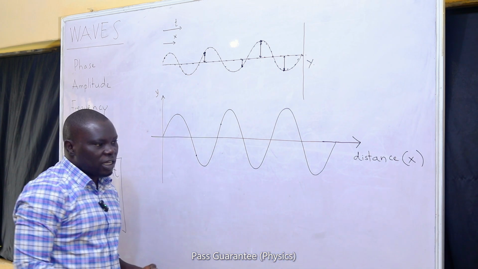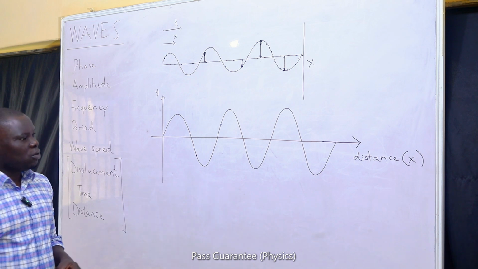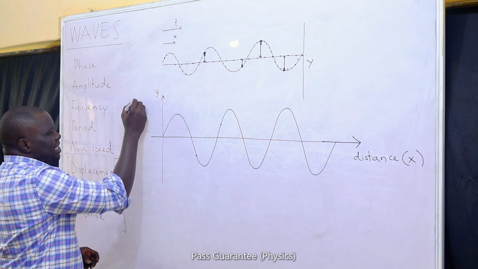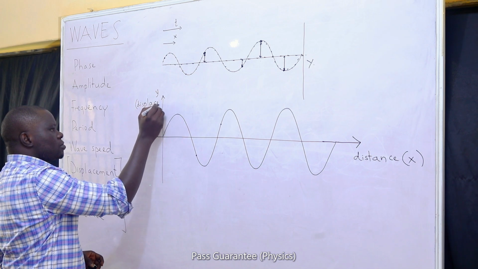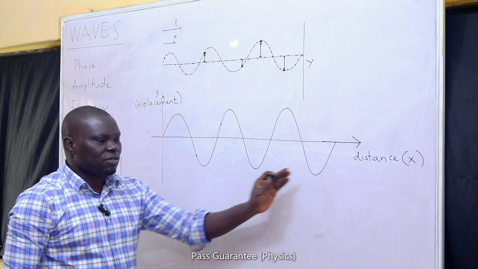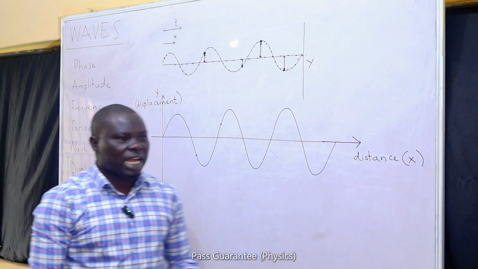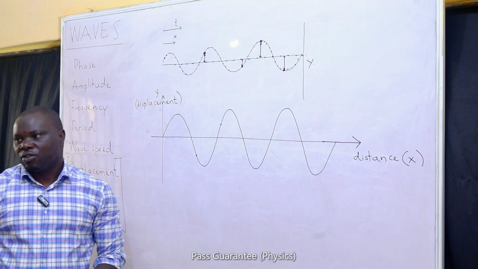So there are two different graphs that we can obtain for a wave. Number one, we can have a graph that has displacement on y and distance traveled by the wave on x. In that case, we'll call that the displacement-distance graph of a wave.